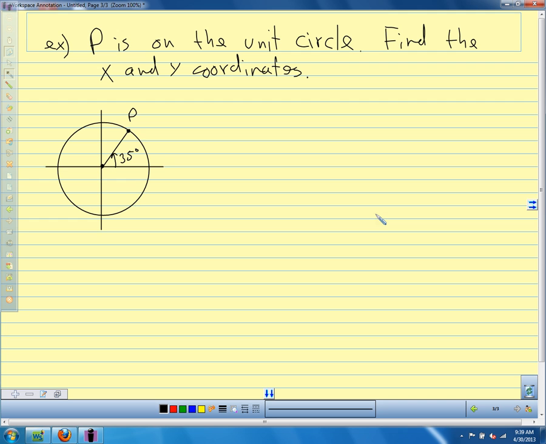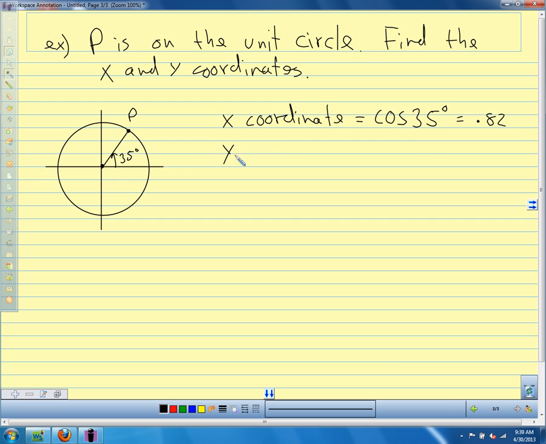This kind of problem is really easy. X coordinate. It's just the cosine of the angle. The x coordinate of the point is the cosine of 35 degrees, which is about 0.82.